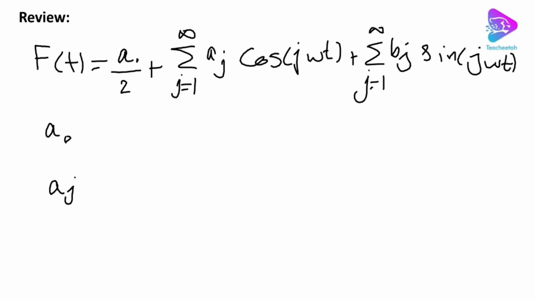a j, and b j. Fortunately, we can find them based on the existing relationships in math and Fourier series, so you don't have to find them from scratch.